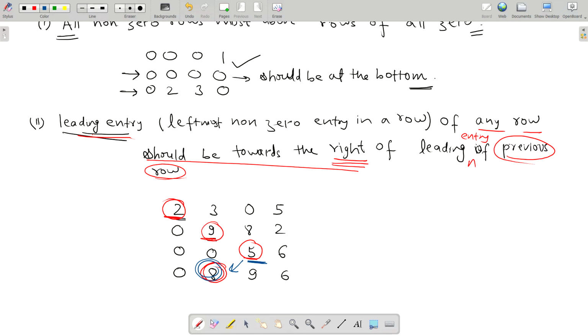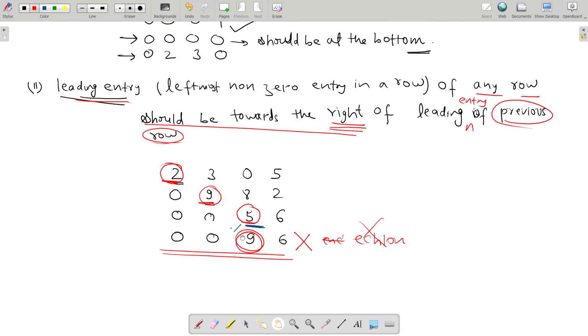Or even if we write it like 0 0 9 6, again 9 is not towards the right of 5, so it is not echelon. Because of this row, this will not be an echelon matrix. Okay, so that is the second property.